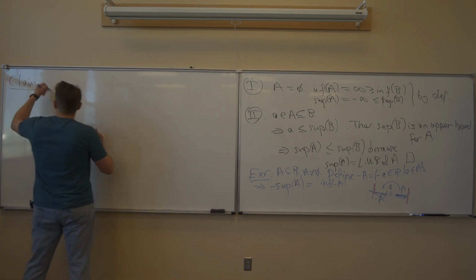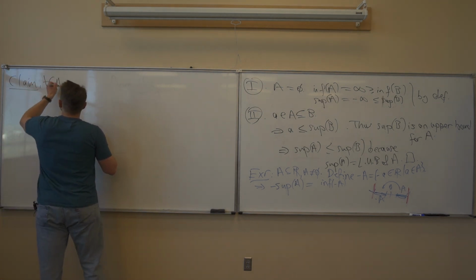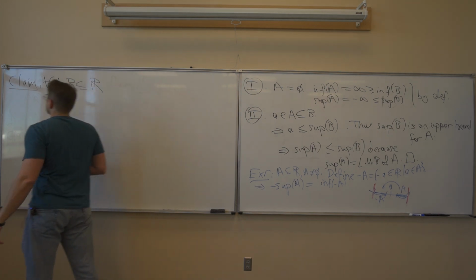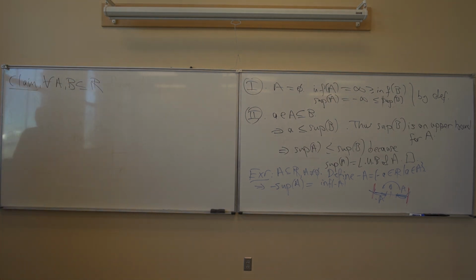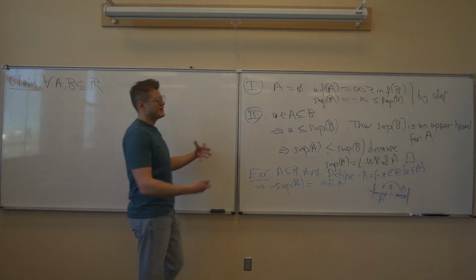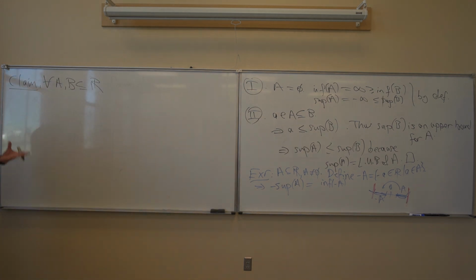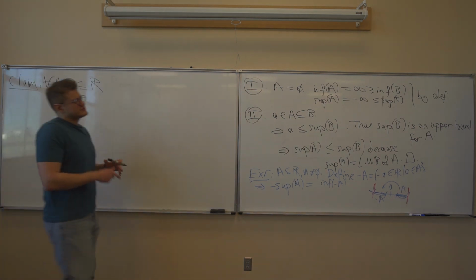So let's look at this. If I take any two subsets, let's just take them to be non-empty for simplicity. Because as you saw, if I don't assume that these sets are non-empty, then I have to do some case analysis. Let's just not worry about that.